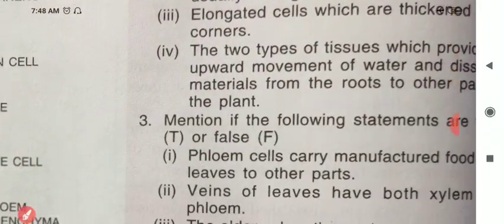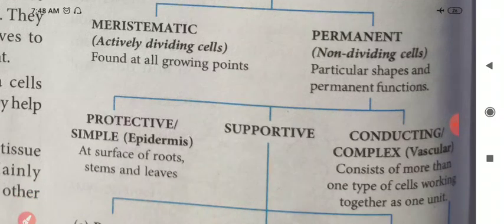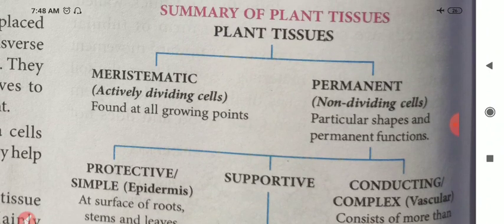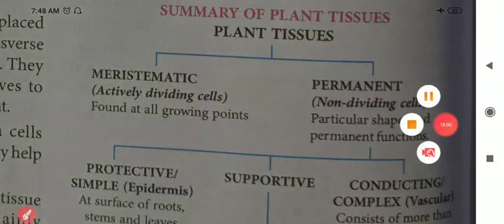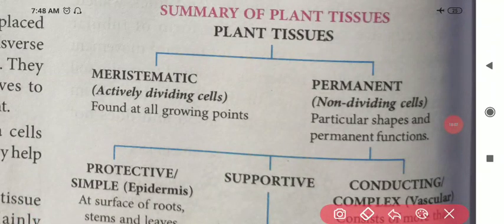Now let us discuss the next topic, my dear students. Here you can see there is one flow chart, the summary of plant tissue. Just look at it. This is the whole summary of plant tissues. Plant tissues are first divided into two: meristematic and permanent.